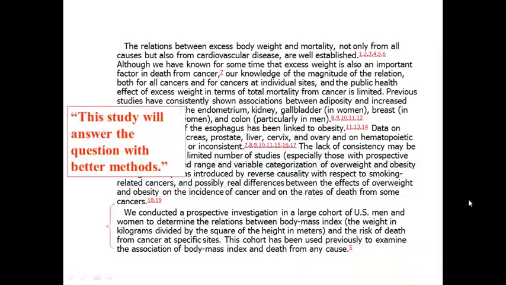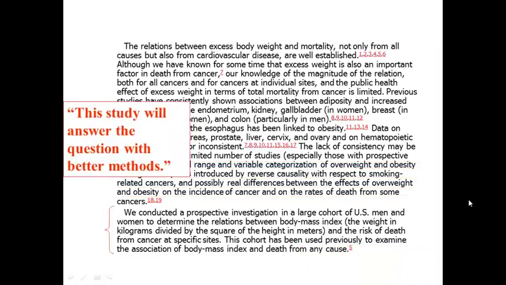And then they get to their statement of their question of interest. So what do they do? We conducted a prospective investigation in a large cohort of U.S. men and women to determine the relations between body mass index and the risk of death from cancer at specific sites. So this is both a statement of what their aim was, they want to determine this relationship, and what they did.